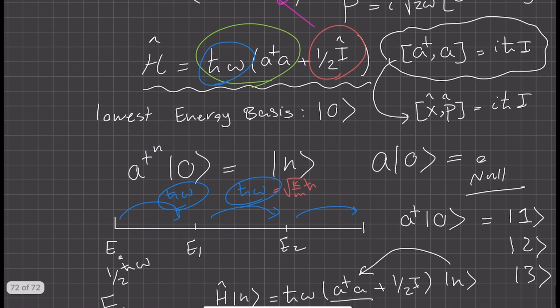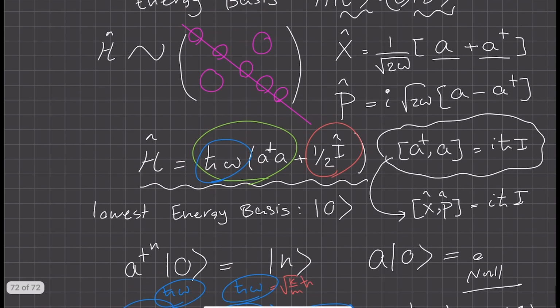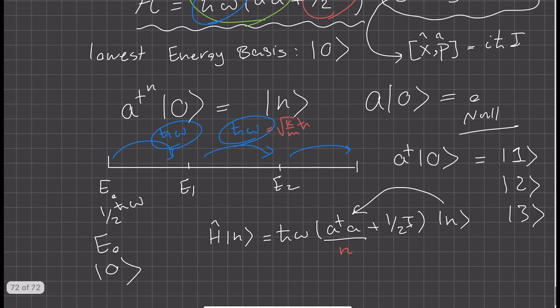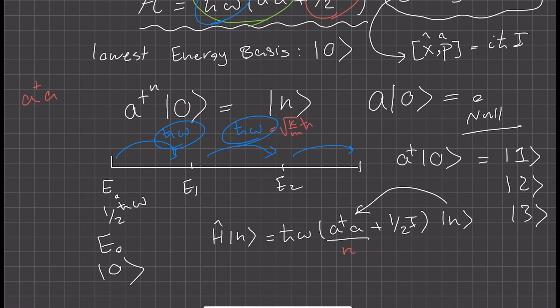The normalization constant is chosen so that when we act with A dagger and A on the state N, we get N. So A dagger and A should cancel each other out, but in a way that only leaves N.